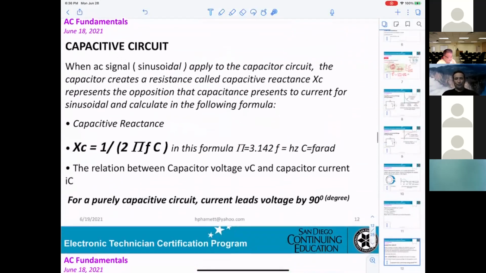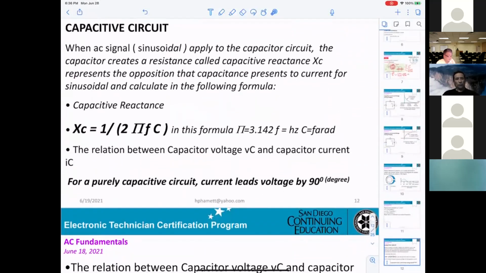Now, this is important here. For the capacitor, when you get the AC circuitry, they create a resistance.